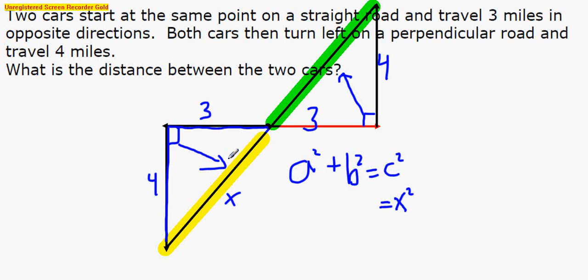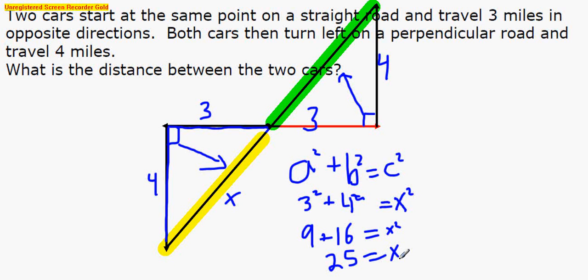Okay, and then a and b are the other two sides, so it's 3 and 4. So it's going to be 3 squared plus 4 squared. And you might know this, that these are called special or 3, 4, 5 triangles. If you know that, then you're going to know x is 5. But let's go ahead and work through it. So 3 squared is 9. 4 squared is 16, and that's x squared. 9 plus 16 is 25, and so we get x squared equals 25.